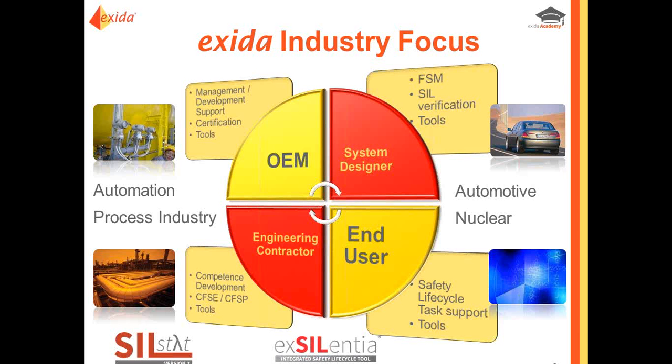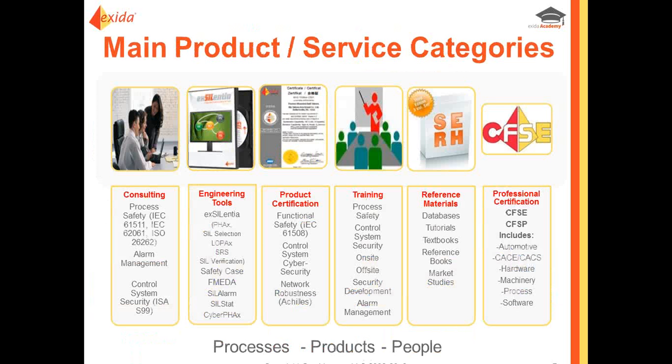For each side we have consulting or people to help with that industry focus, and we also have tools that can help with it. We can also be broken down into different products and service categories. We put our hands in everything to do with functional safety: the process, the products, and the people. So we have consulting, our engineering tools, our product certification, our training, our reference materials, and our personnel certification.